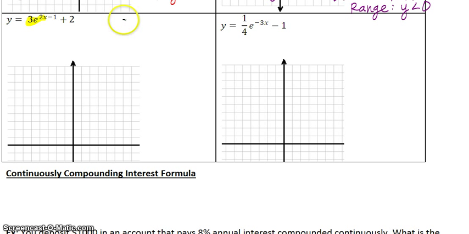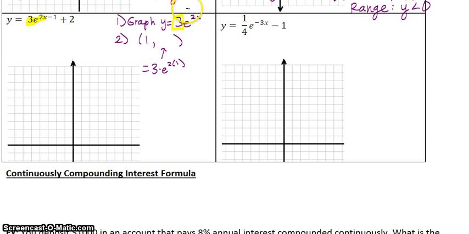So what I would do is first graph y equals 3 times e to the 2x, and let's go through that quick. So y-intercept is 3. Oh, and one quick comment. This graph, when I do point 2, I actually end up getting 22.2.